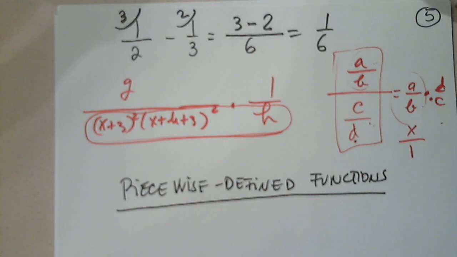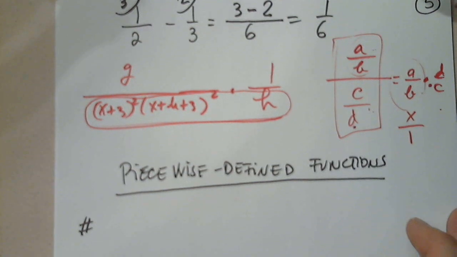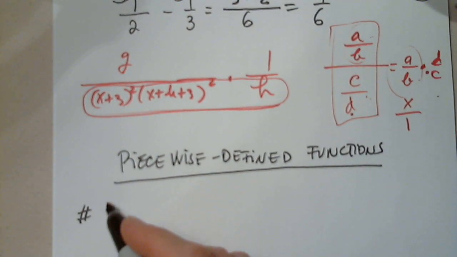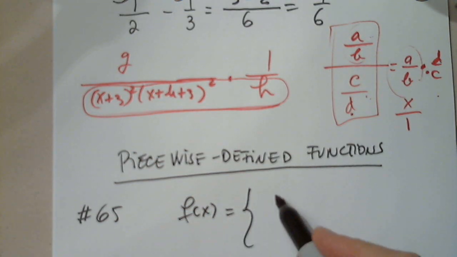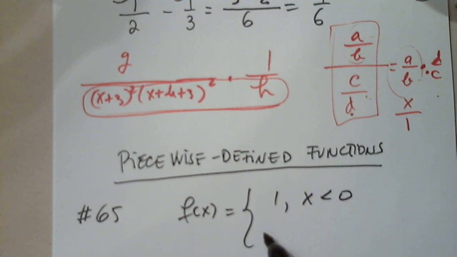I'm just going to show a very simple example and then we'll elaborate next time. So please choose a simple example, anything from here. Which one? 65. Very good. So in 65 we have f of x equals 1 for x less than 0 and negative 1 for x greater than or equal to 0.